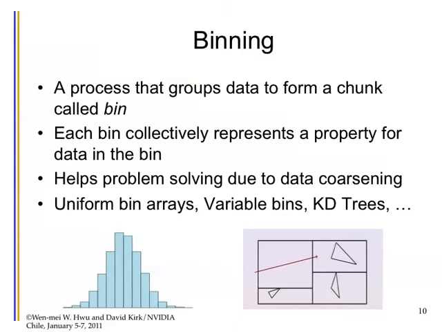Those partitions are still binning algorithms, because you're partitioning your space in non-uniform ways, but each bin will contain roughly the same number of inputs. So it's all about somehow regulating your input into these groups of comparable numbers, okay?